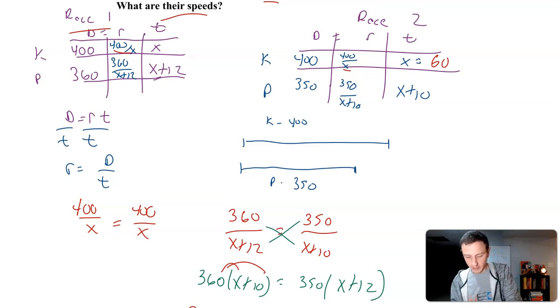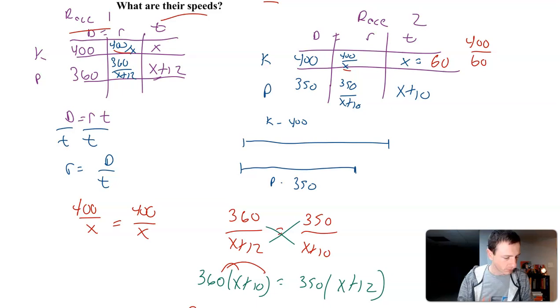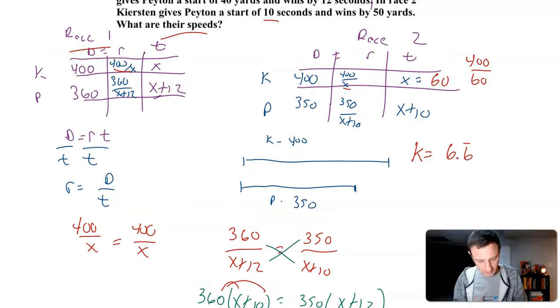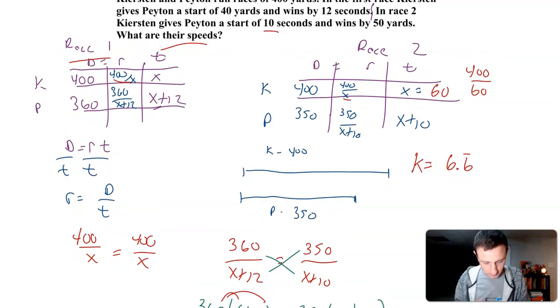The rate would be 400 over 60. 400 divided by 60 is 6.6666 repeating. So Kirsten's rate is 6.6 repeating. And what are our units here? Yards per second.